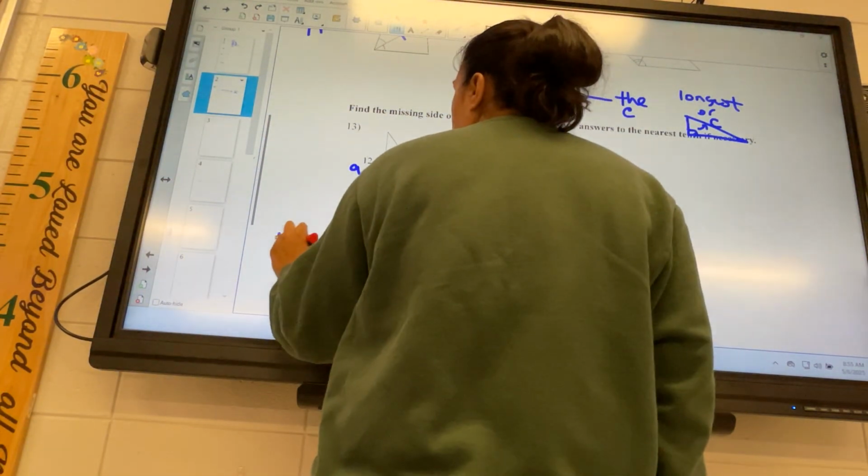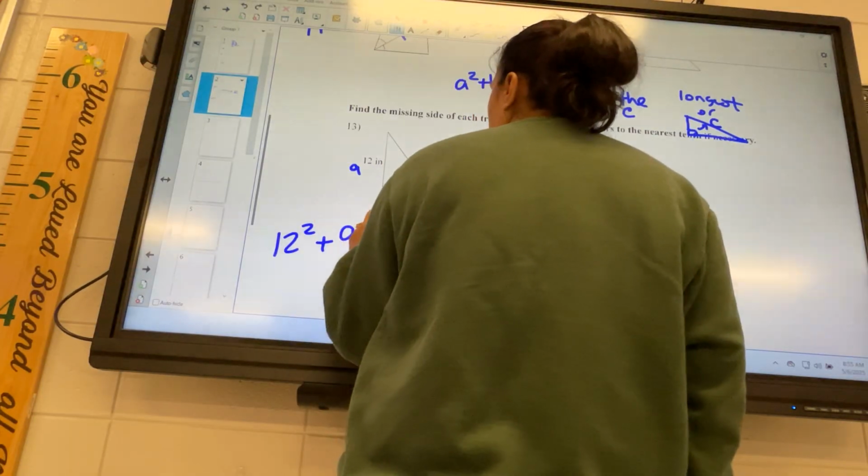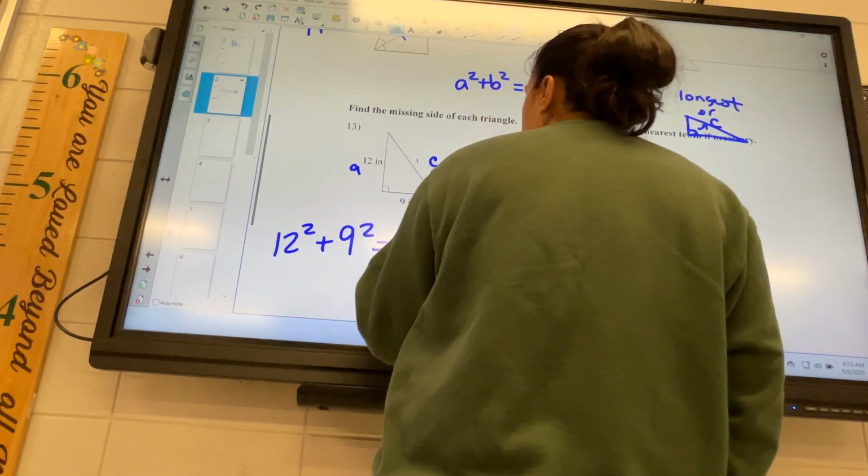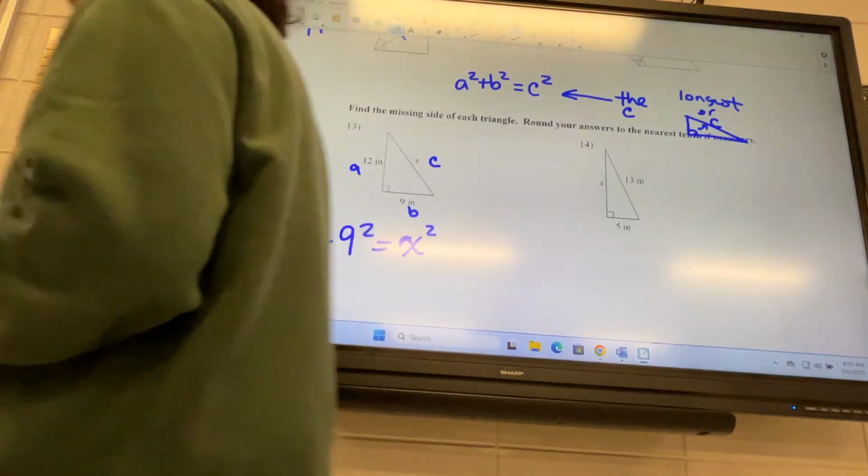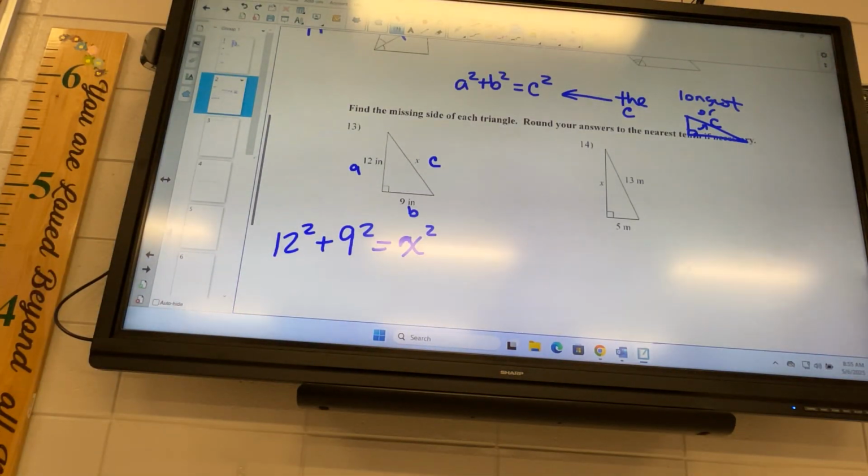So we're going to say 12 squared plus 9 squared equals x squared, because my c is my x. What is 12 squared?